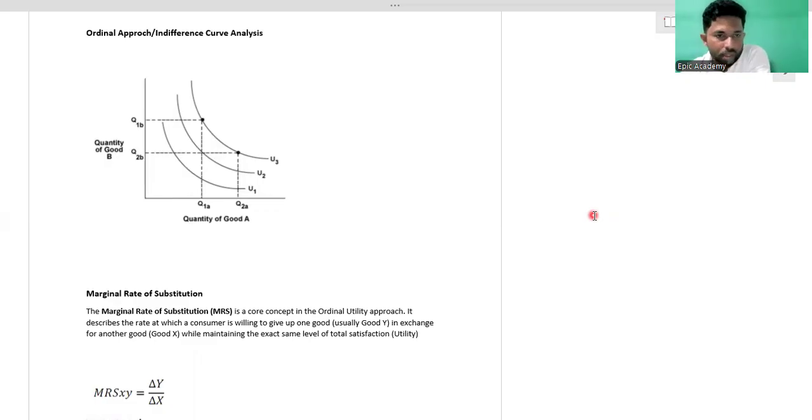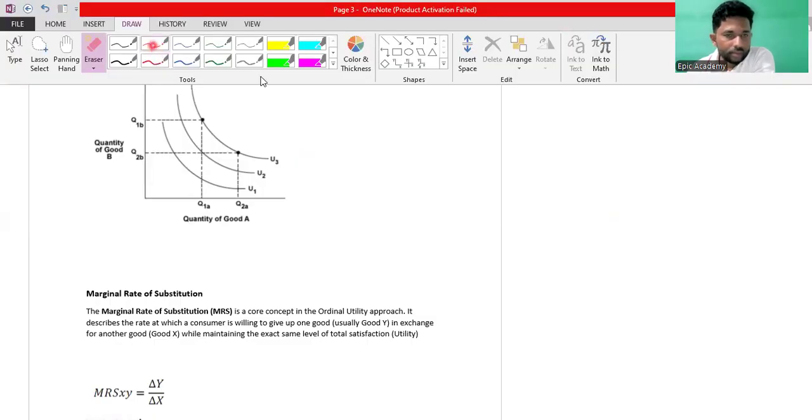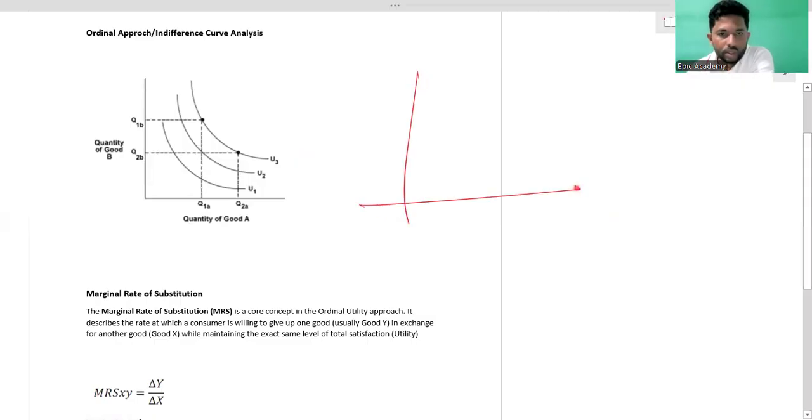As an example, one person here is going to use only two commodities. The horizontal axis represents commodity A, and this represents commodity B. I will draw that curve, we call it IC curve, IC1.